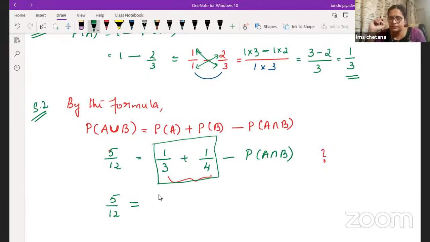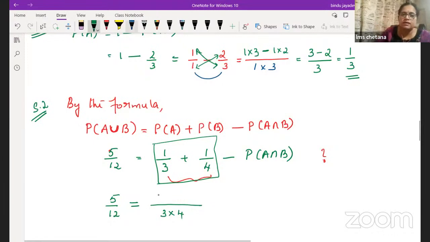Again fraction, 1/3 and 1/4. You are doing the addition. So what I told you, put one division first. You're doing that calculation. What are you going to do with the denominator? 3 into 4 multiplied. Denominator both multiply.